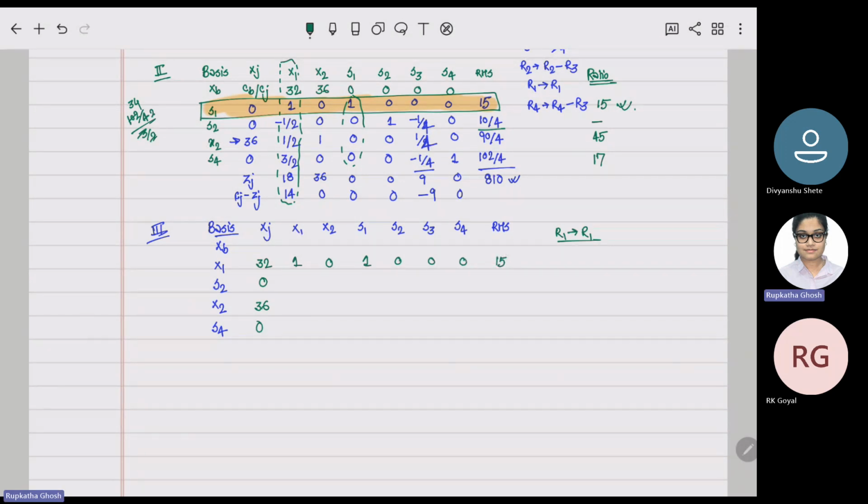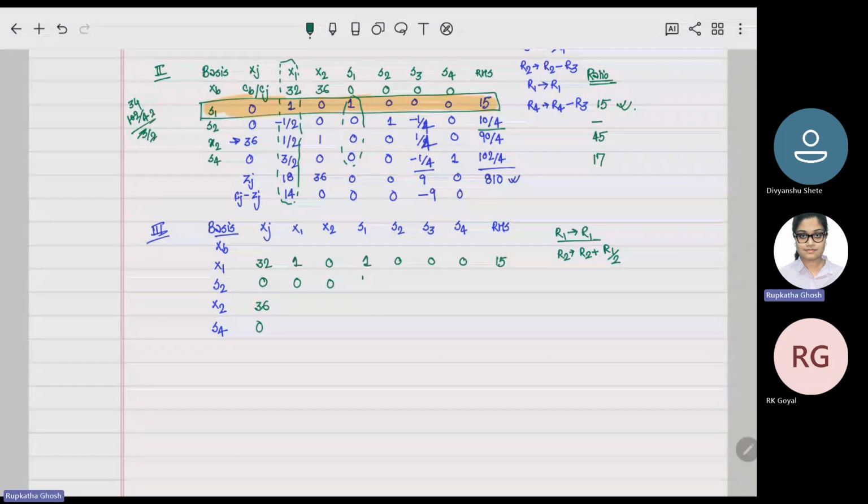Okay. You can do one thing. R2 is R2 plus R1 by 2. Okay. So now your R2 is minus half plus half, 0. 0 again.